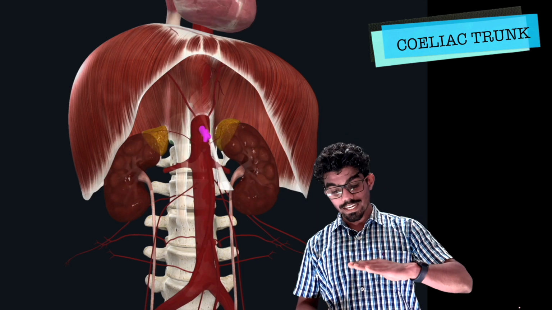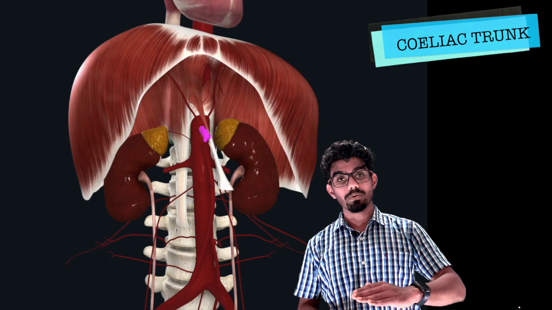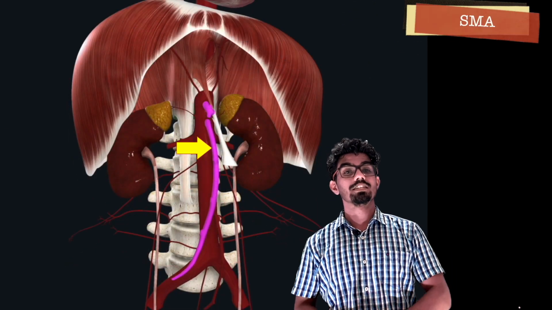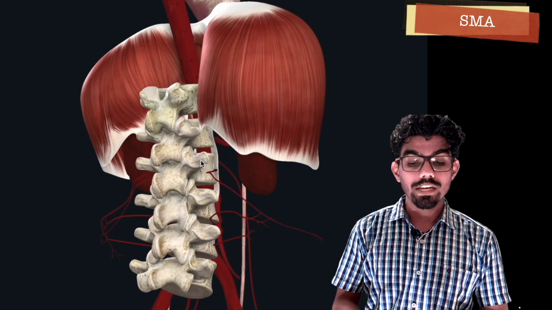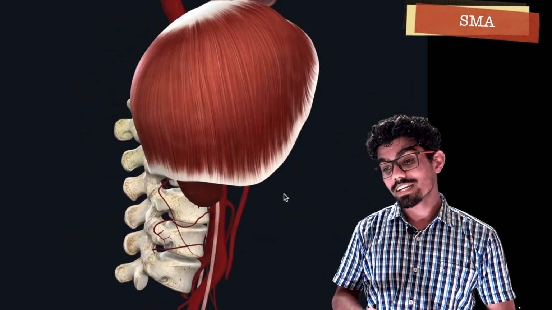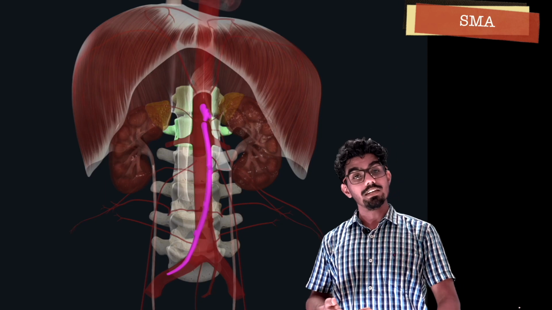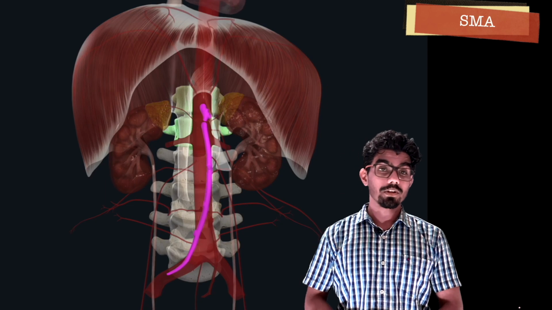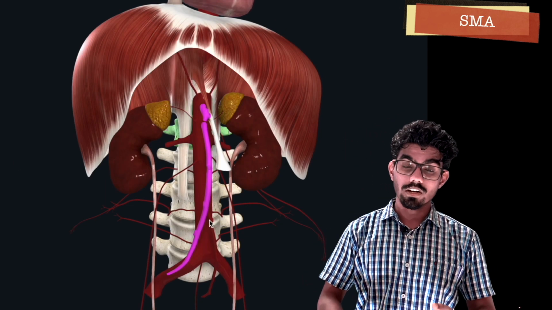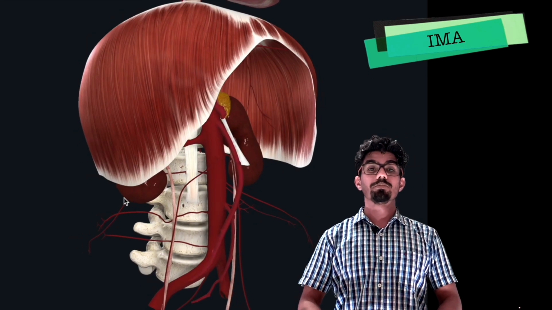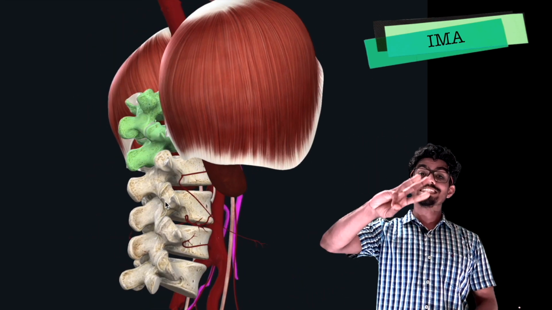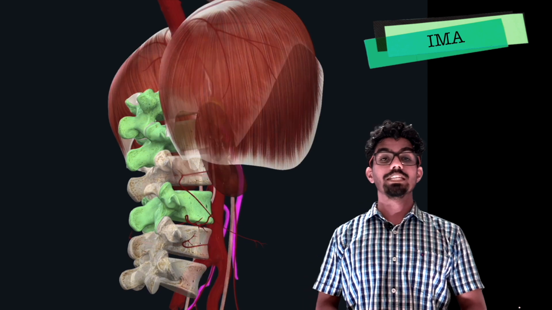The one which arises just below the celiac trunk origin is called the superior mesenteric artery, and this one arises at L1 level. Another branch which also arises from the anterior portion of the abdominal aorta at L3 level is the inferior mesenteric artery.